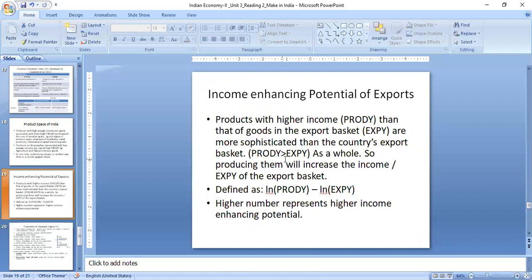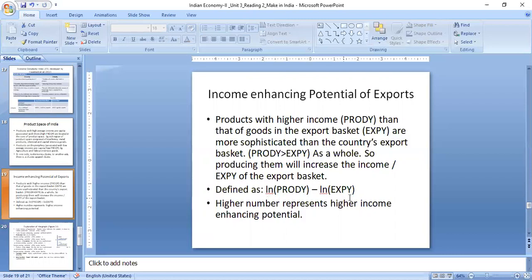So if PRODY is greater than export basket potential, then we would say that this product has greater sophistication, has greater income enhancing potential, and hence a country must produce this more because it is going to increase the EXPY of the export basket.